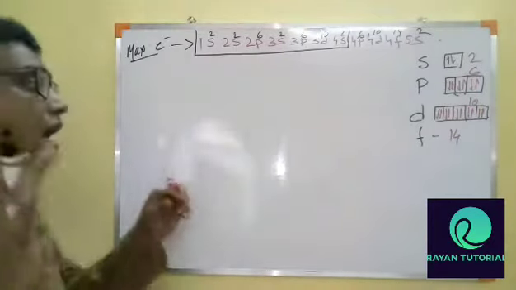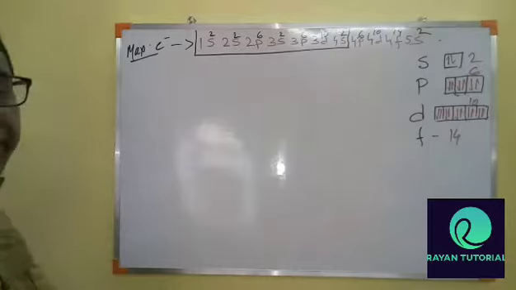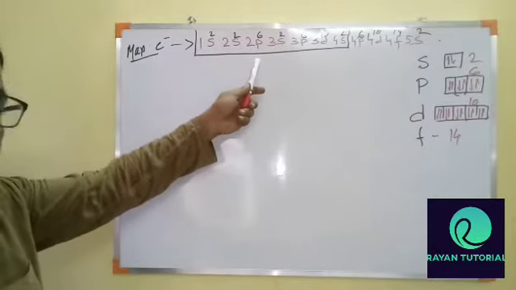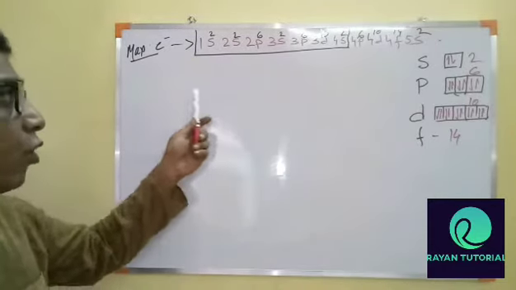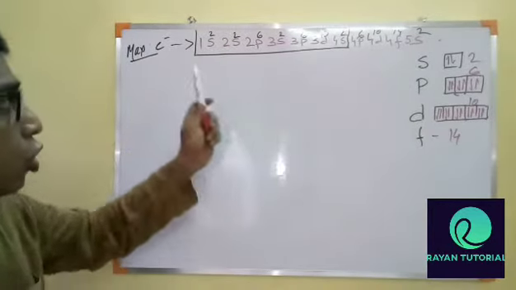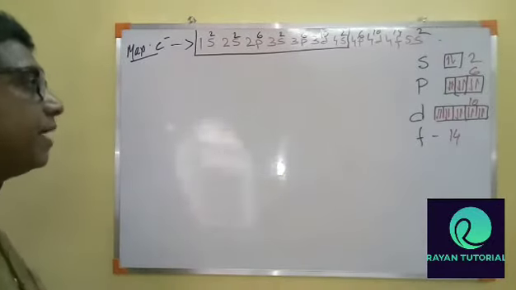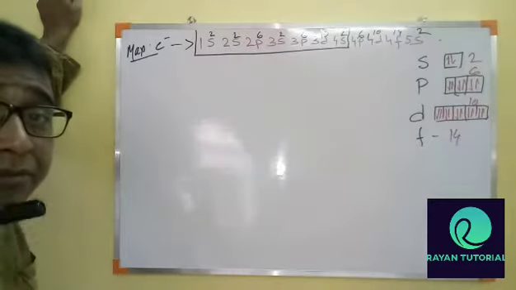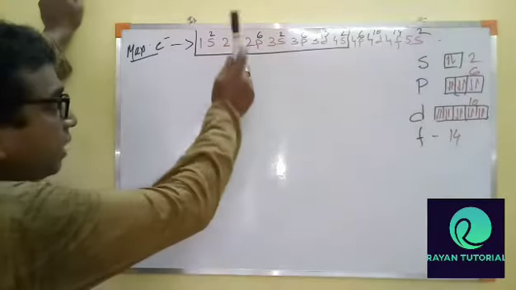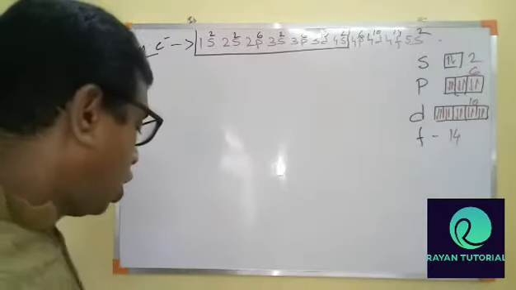This is just for your understanding. So how is the configuration? 1s, then 2s, 2p, then 3s, 3p, 3d, then 4s, 4p, 4d, 4f, then 5s and so on. And s got 2, p got 6, d got 10, f got 14. That means in s maximum 2 electrons can sit, similarly for p maximum 6 electrons, for d maximum 10 electrons.